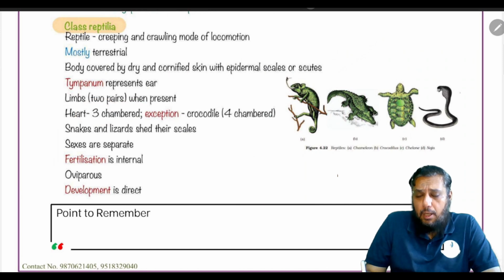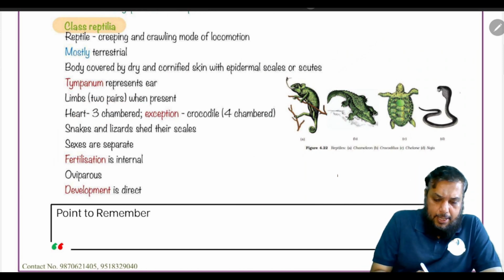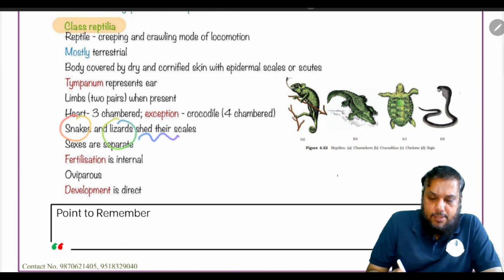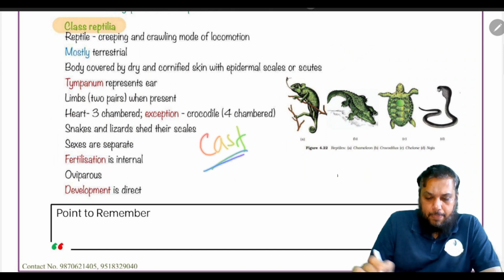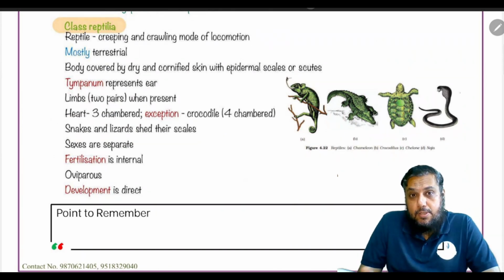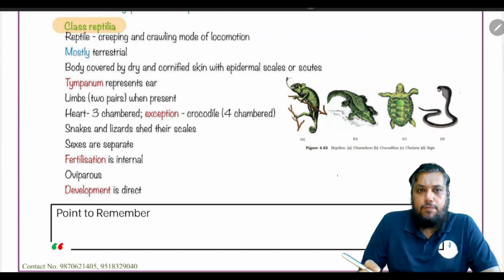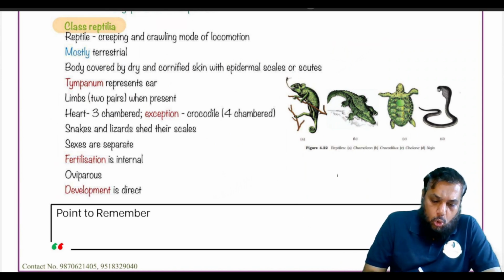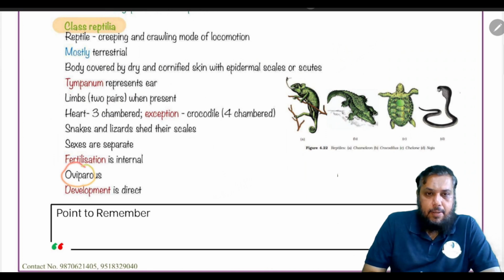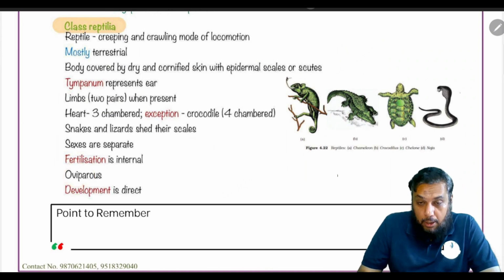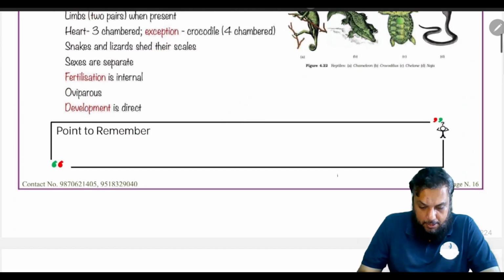Some of them, like snakes and lizards, will shed their scales, which is called cast. Their sexes are separate, male and female. Fertilization is internal. They are oviparous, egg laying, and the development is direct, without any larval stages showing resemblance.